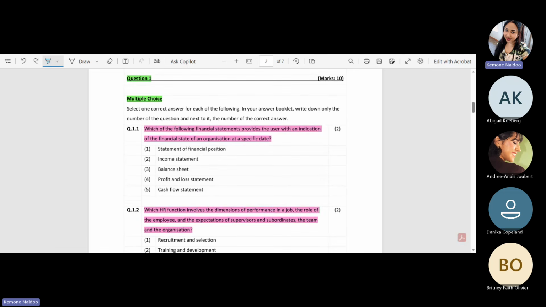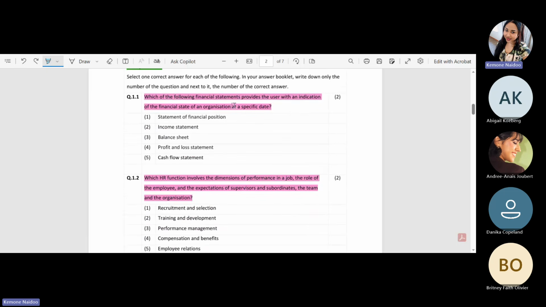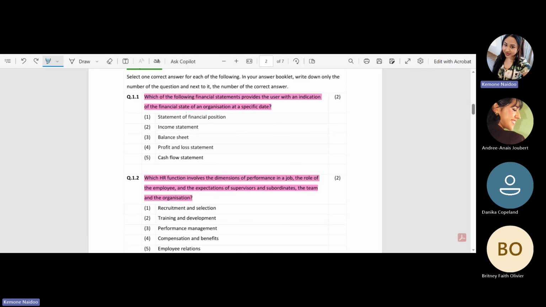So we're going to start off with multiple choice. For the first question, we're looking at which of the following financial statements provide the user with an indication of the financial state of an organization at a specific date. Do you guys want to give it a try and see which option you think it is? You can write it in the chat box if you want.